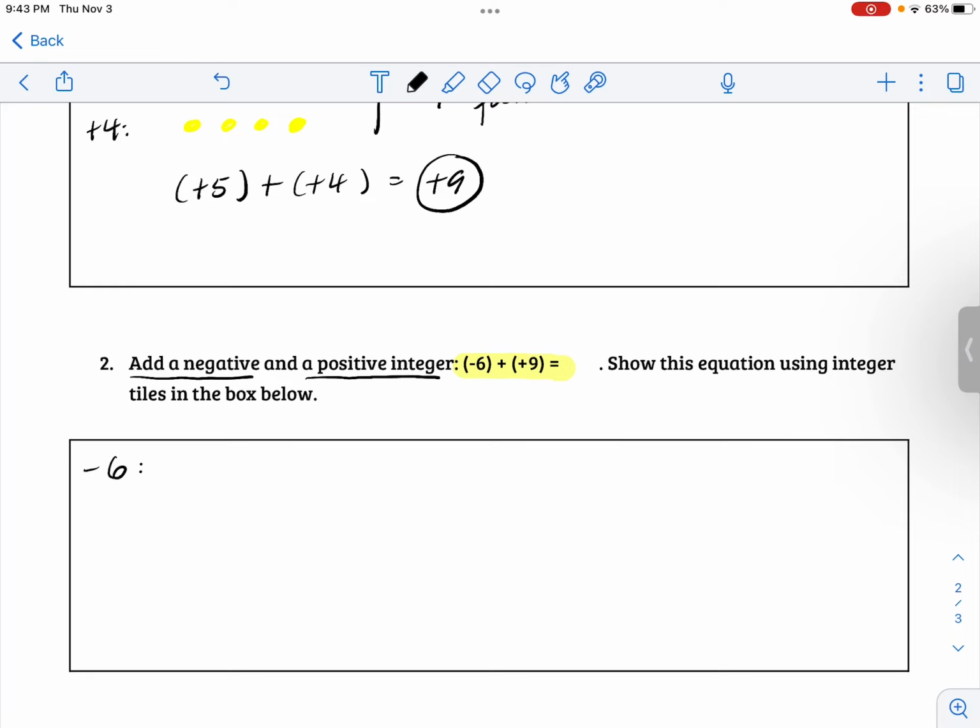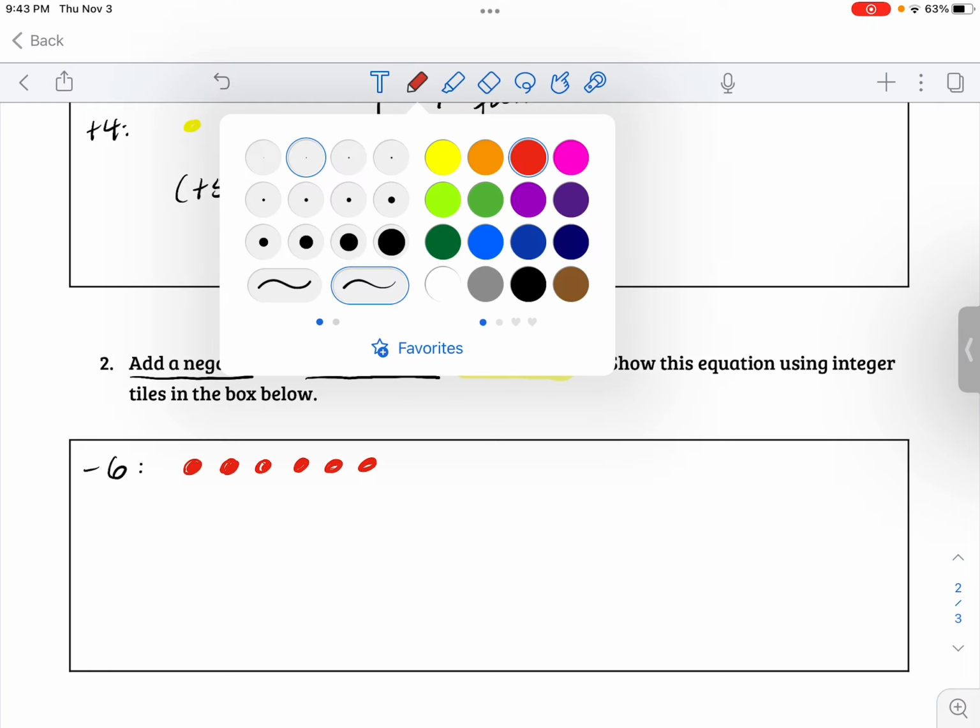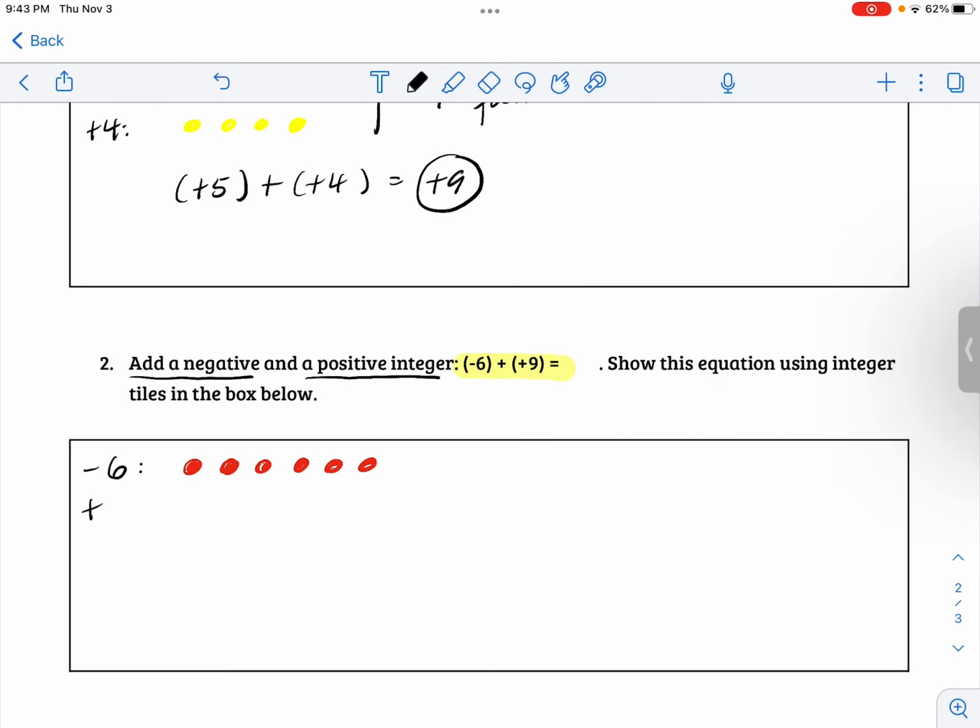How do you represent negative 6? Well, it should be 6 negative tiles. 3, 4, 5, 6 negative tiles. And then how are you representing positive 9? Positive 9. Remember what I said on the previous page.